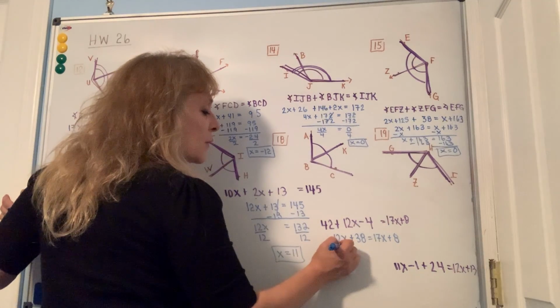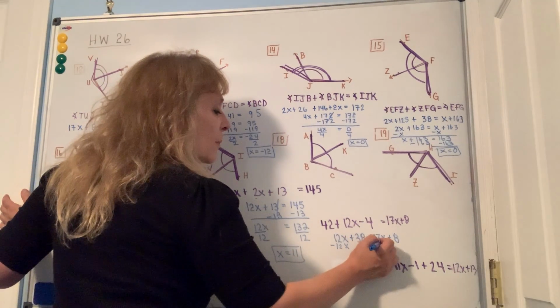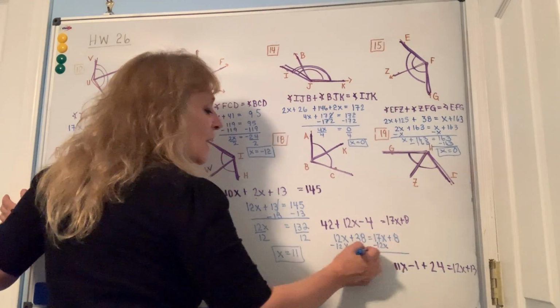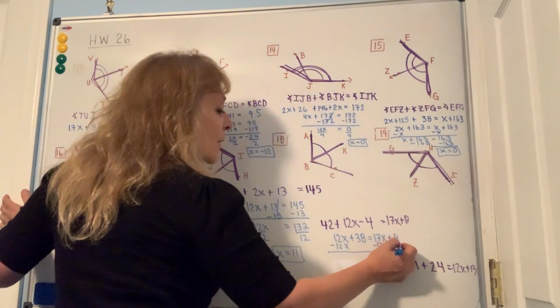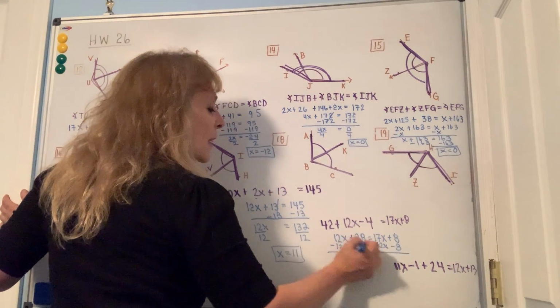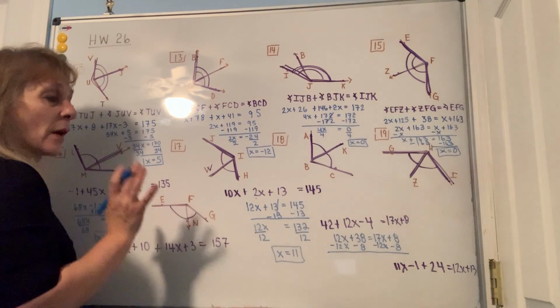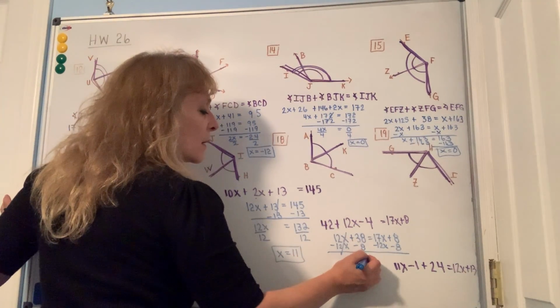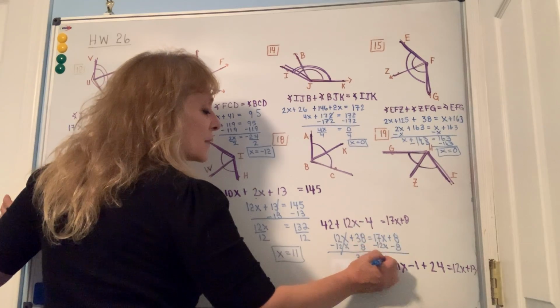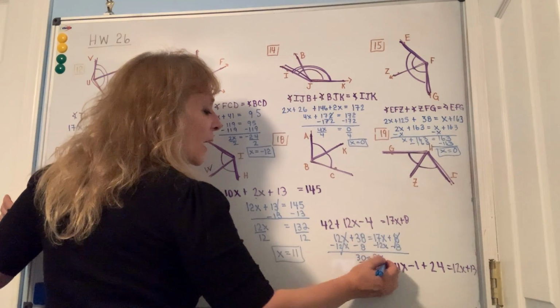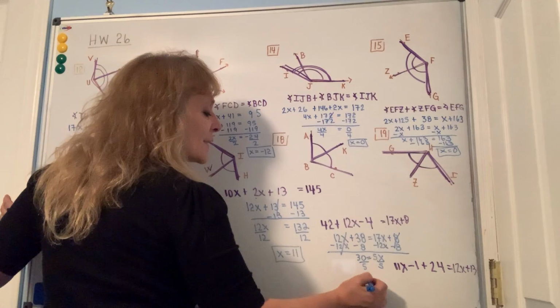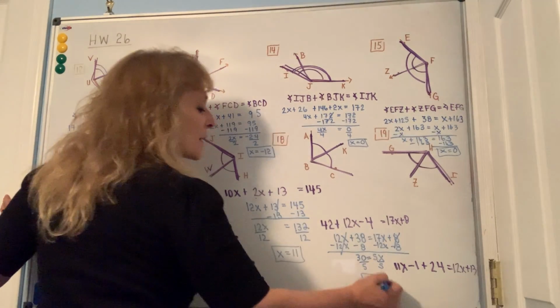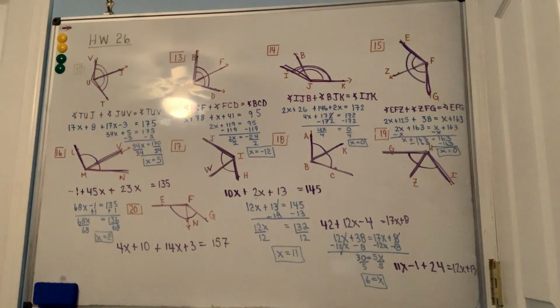I am going to subtract the 12x from both sides. But in the same line, I'm going to subtract the 8 from both sides also. It's a lot of work in one step. The left side is just now 30. The right side is 5x. And when you divide by 5, you get 6 for the answer for x. So sorry I crammed that one in there.